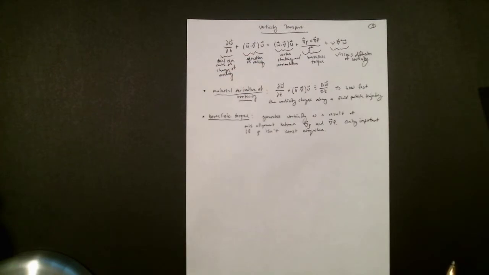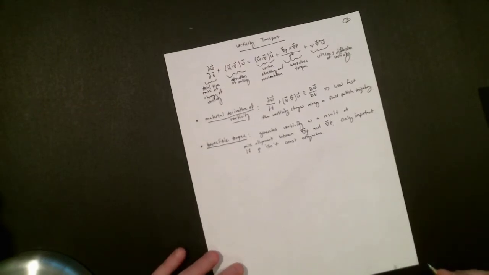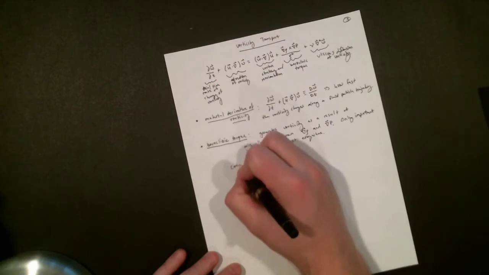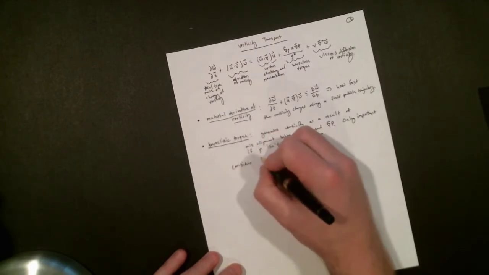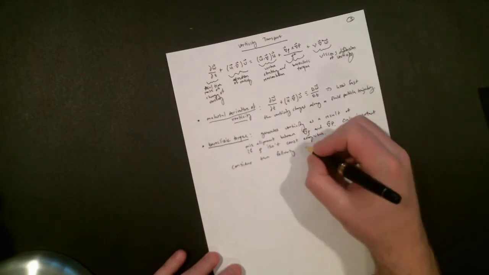Right? These are our density stratified fluids. So that's where this would play a role, if you have a density stratified fluid. So let's look at an example, or just kind of how this works out. So let's consider the following thought example.